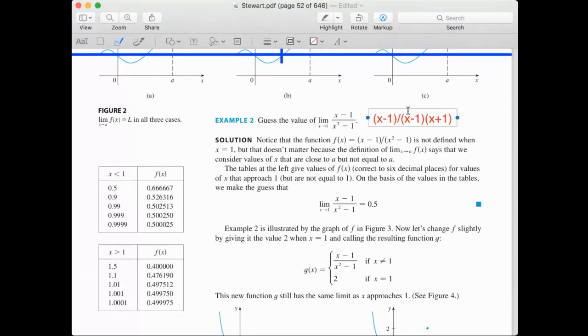Then we see we have x minus 1 divided by x minus 1. They simplify to 1. Simplify, then we get 1 over x plus 1. So this function becomes 1 over x plus 1. But still, what's the difference between those two functions? This function is saying 1 and -1 are not in the domain. So -1, 1 not in the domain.